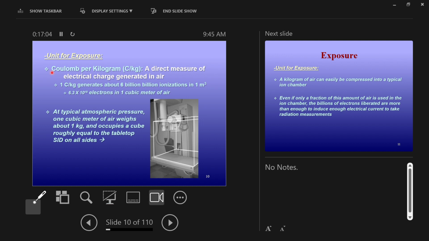The Coulomb is a unit of electric charge. So the Coulomb per kilogram as a unit is saying how much electric charge is created per kilogram of matter.